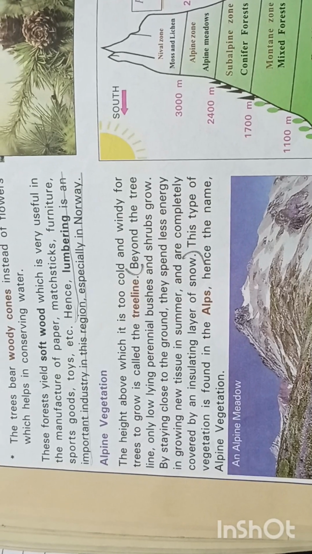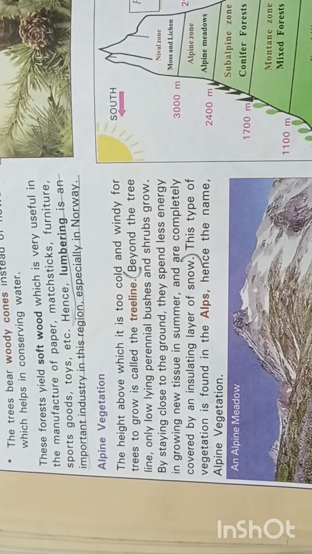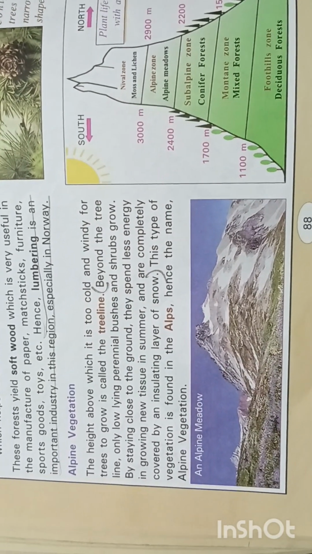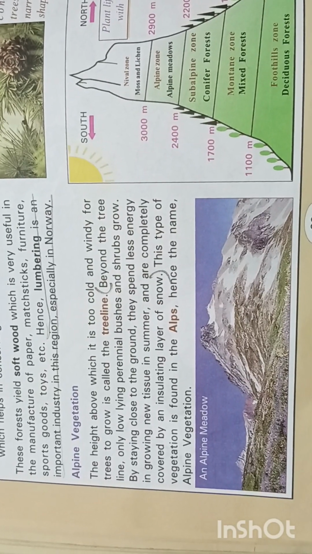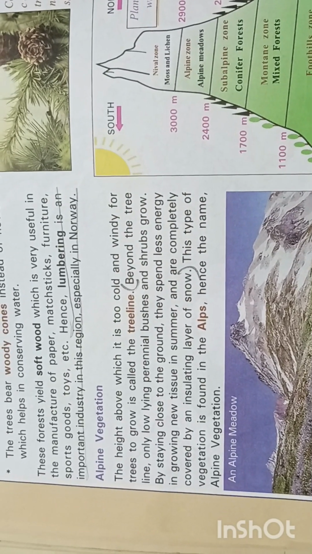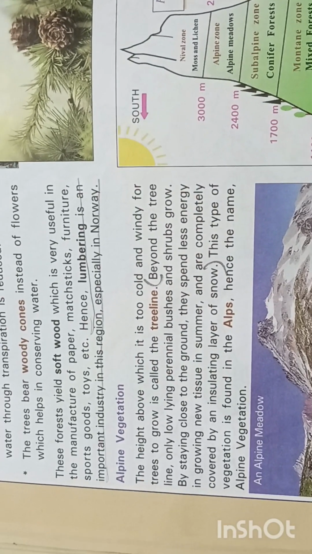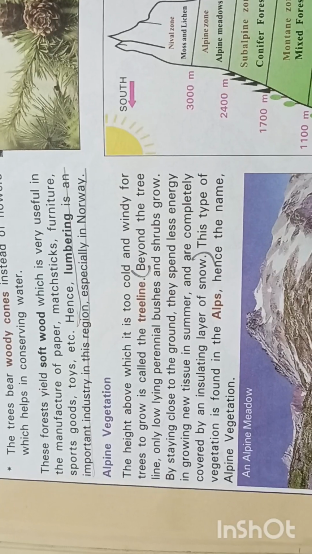Alpine vegetation. The height above which it is too cold and windy for trees to grow is called the tree line. There is a specific line called the tree line, and trees will not grow above it, because the height will be way too much, and it will be too cold and windy for the trees to grow. Beyond the tree line, only low-lying perennial bushes and shrubs grow.